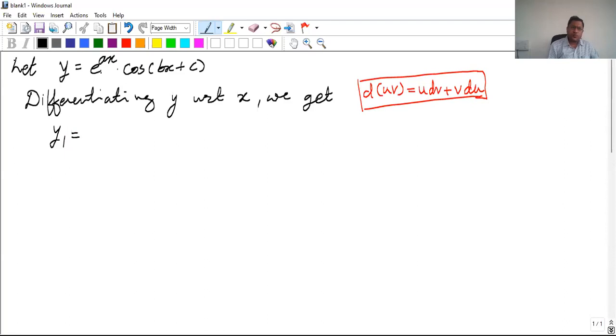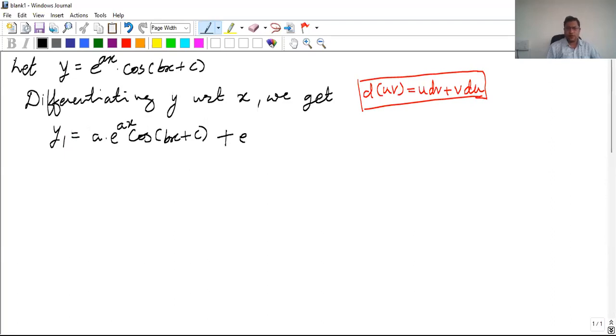Let us keep this function, cos of bx plus c, as it is, and take the derivative of the other. We know the derivative of e raised to ax is a into e raised to ax.